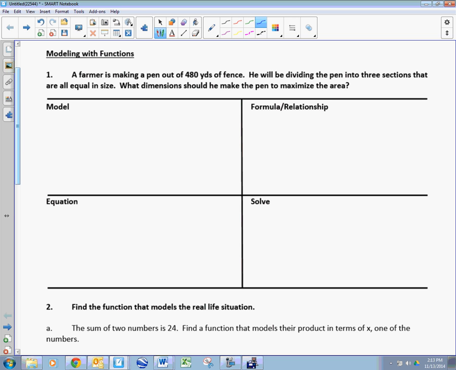A farmer is making a pen with 480 yards of fence. He will be dividing the pen into 3 sections, all equal in size. What dimensions should he make the pen to maximize the area? That is our objective. Maximize the area. Now, I want to be clear here. If we want to maximize the area, you could try to guess what kind of shape you should make, and chances are you would not be correct.